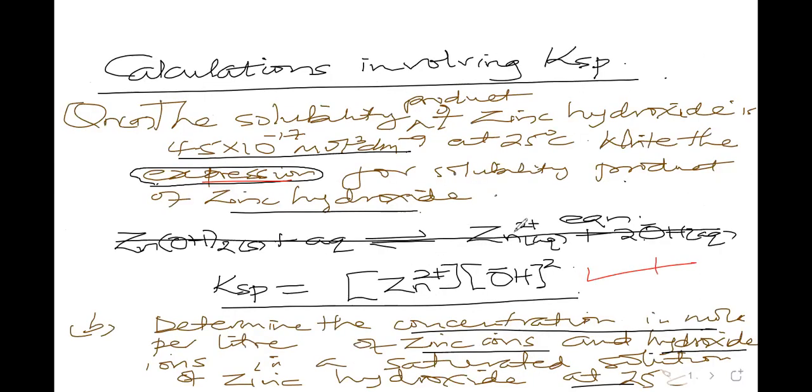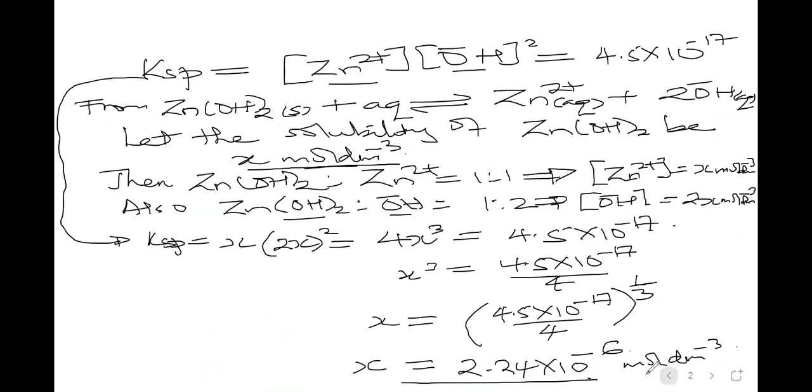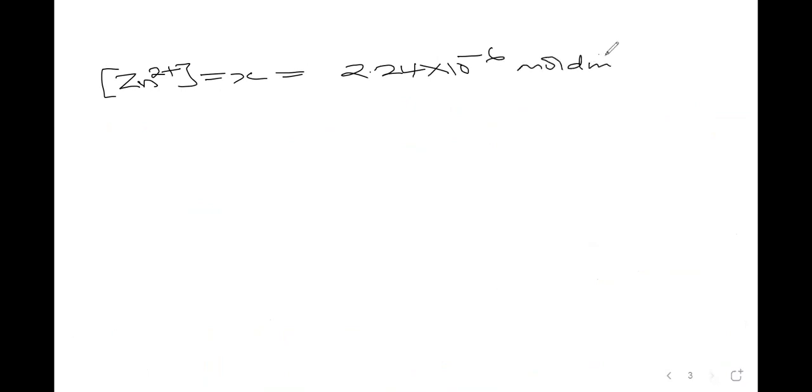It wants concentration in moles per liter of zinc ions and hydroxide ions. So what is the concentration of zinc ions? The concentration of zinc ions is equal to x and is equal to that value we have just got. We are now answering the question, which is 2.24 exponent negative 6 moles per liter.